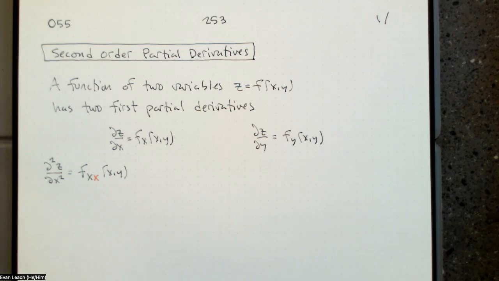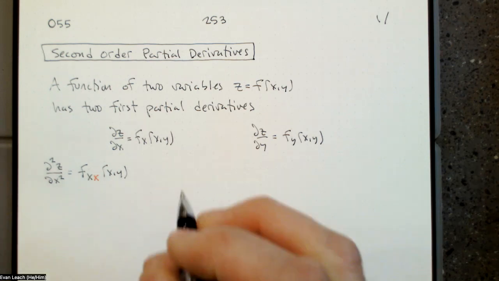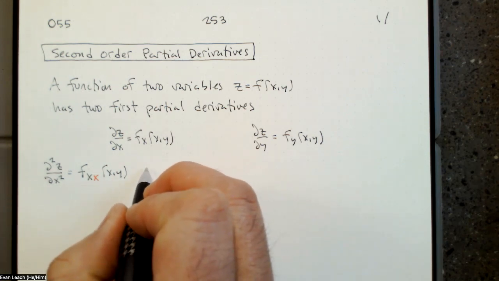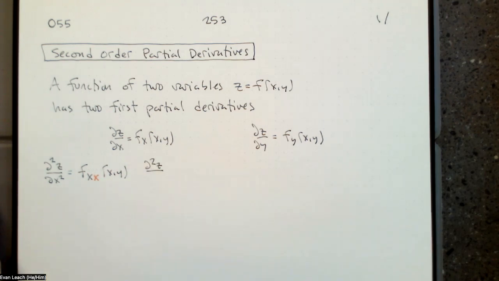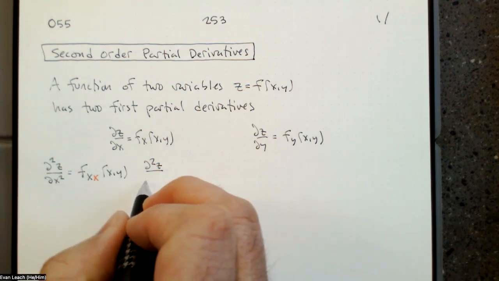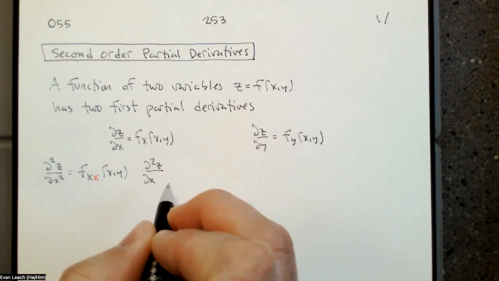So if we want to take the partial of z with respect to x and then take the partial with respect to y, the numerator will look the same, dz dx, but the denominator will have two different variables. So we're going to have a dx and a dy.